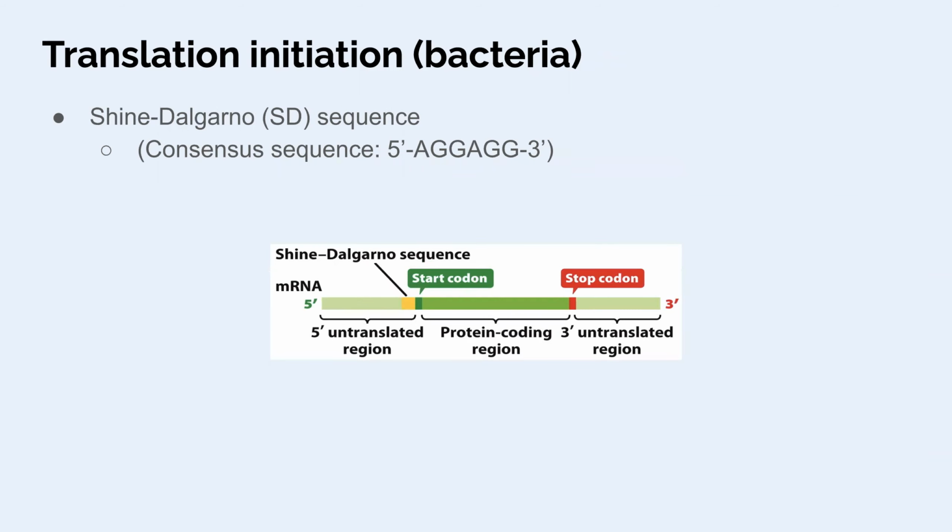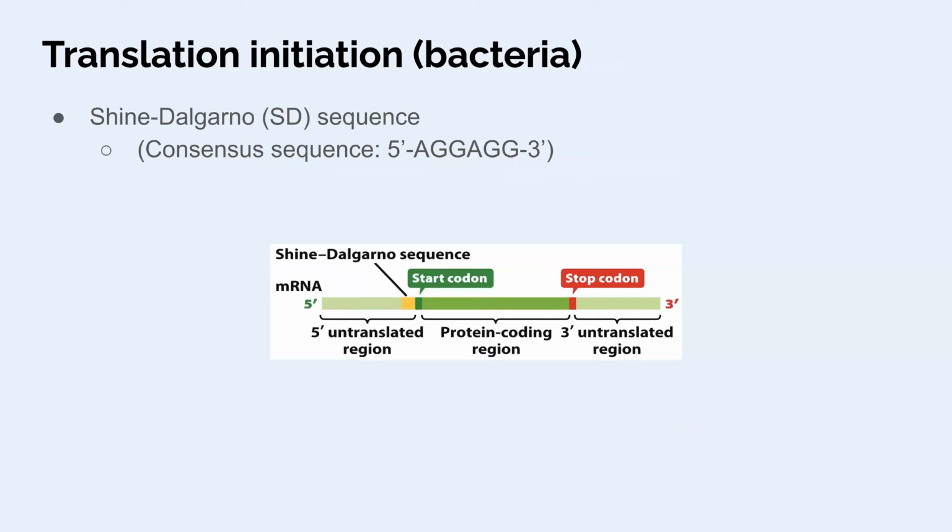In bacteria, they don't have the modifications of 5' cap and poly A tail, but they do have something we've seen in a lot of contexts. They have this consensus nucleotide sequence of AGG. This is known as the Shine-Dalgarno or SD sequence.